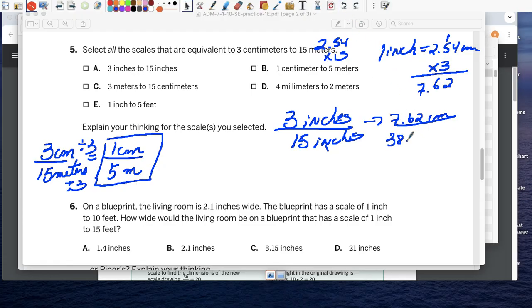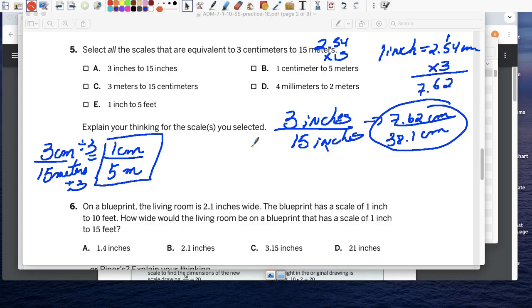So now that everything is in centimeters, I can see if this simplifies to 1 centimeter over 5 meters. Actually, that's not even in meters. So now I have to change the bottom to meters.